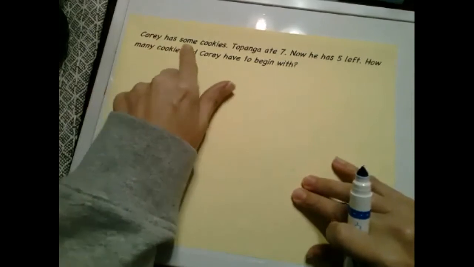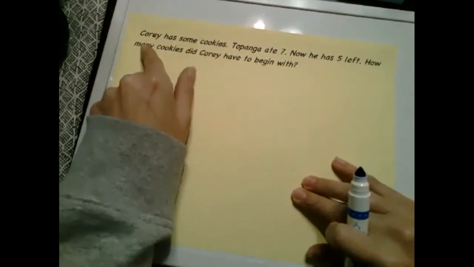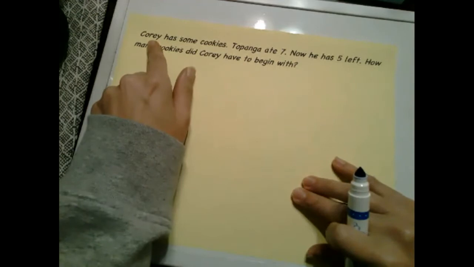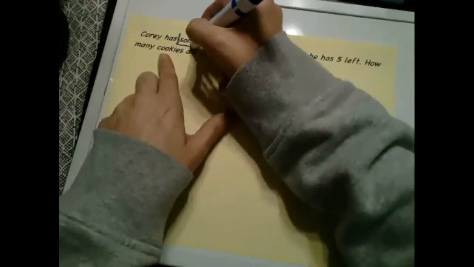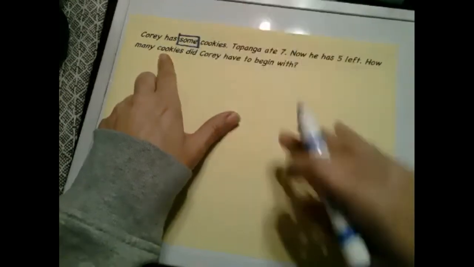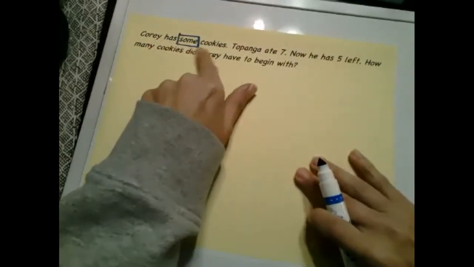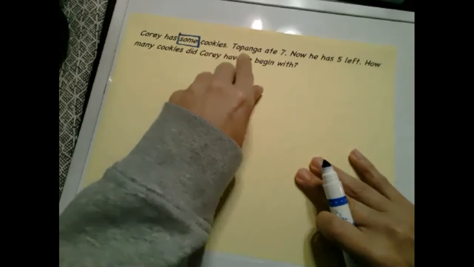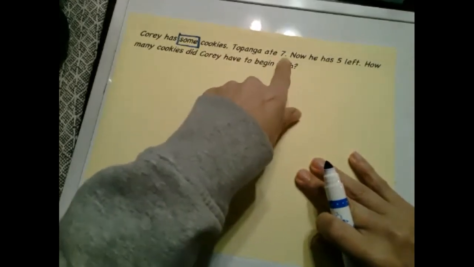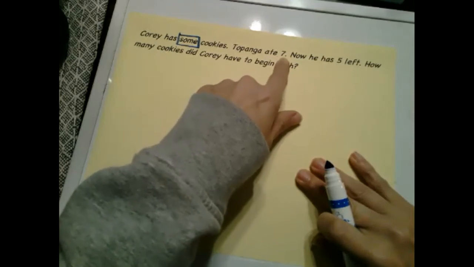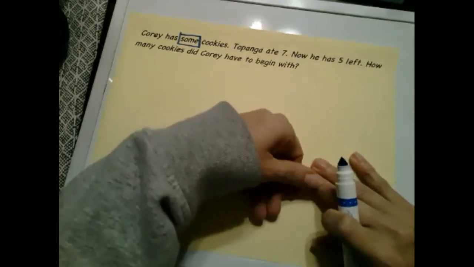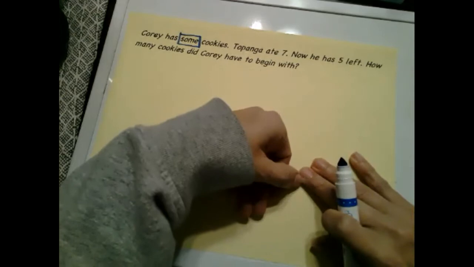Corey has some cookies. Do we know how many Corey has? No, so we have that word some. We always put a box around the sum. Corey has some cookies. Topanga ate 7 of them. So if she ate 7, what does that tell you that we're going to need to do in this problem?